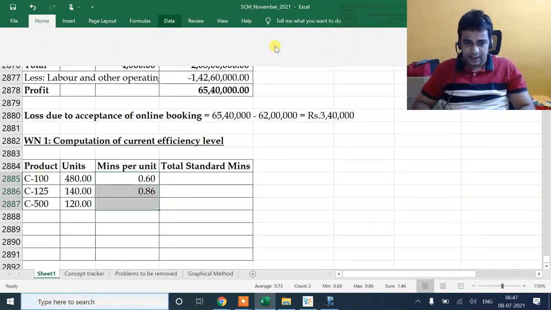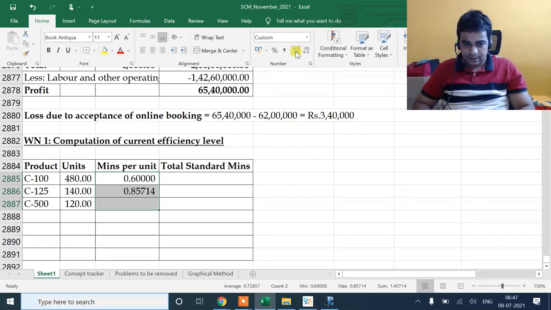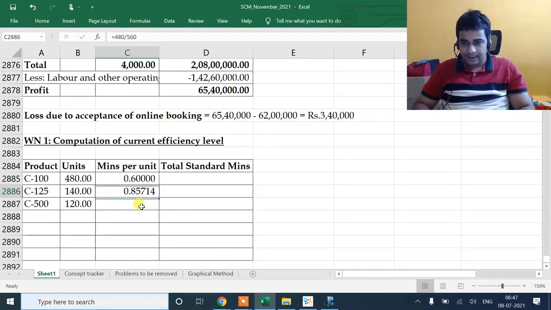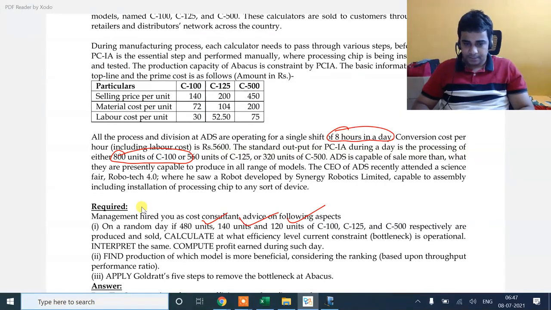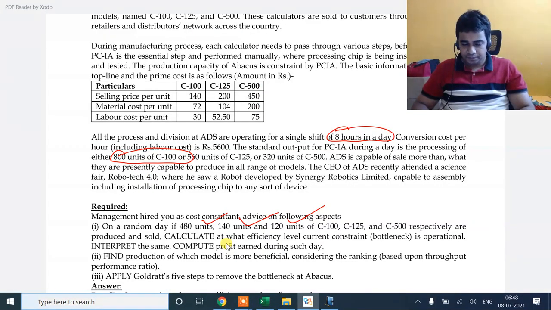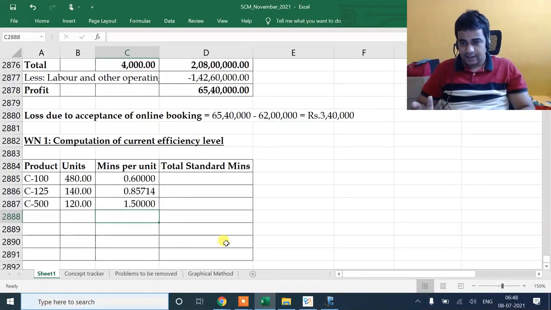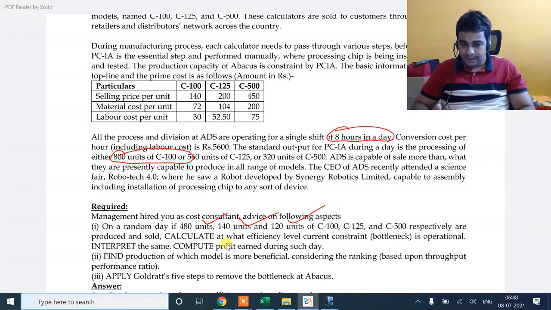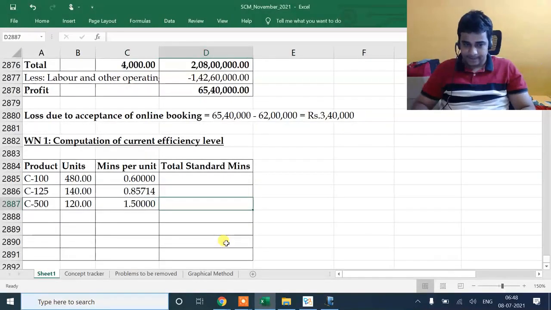To avoid rounding-off issues, I'll increase the number of decimals, else there could be a lot of rounding-off problems. 480 minutes by 800 units, 0.6 minute per unit. 480 minutes by 560 units and 480 minutes by 320 units. This is the utilization. Effectively, you have utilized so much time.